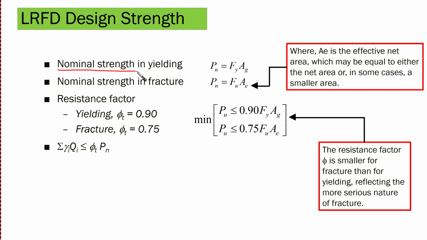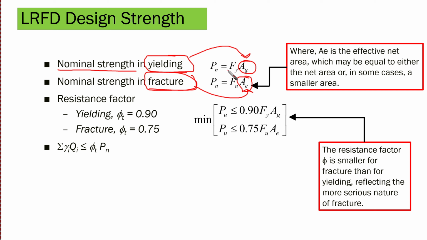For the design strengths for LRFD, as usual and as we have explained before, we have the nominal strengths in yielding, and we understand why we're talking about yielding. Whenever yielding is mentioned here, the gross area is going to be used. Whenever nominal strength in fracture is used, we are going to use the net area or the effective area. We will distinguish between the two maybe in the next video.